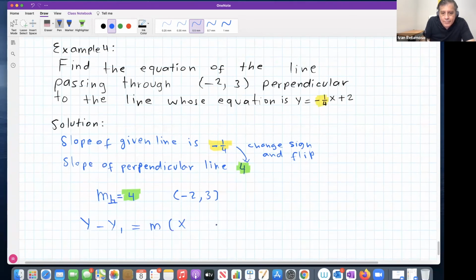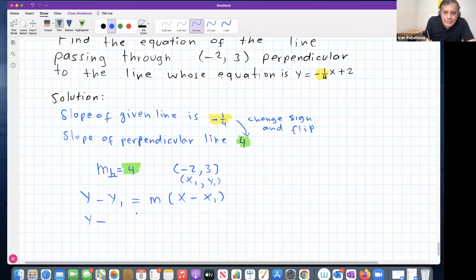So with this slope and point, we have a way to compute the equation of the line. I'm gonna use point-slope form. I'm gonna label this coordinate as x1, this second coordinate as y1. Substitute everything here. y1 is 3, the slope of the perpendicular line, be careful there, times x minus x1. x1 is -2. Use parentheses when you substitute negative numbers. So I will end up with this. 4 times x is 4x.